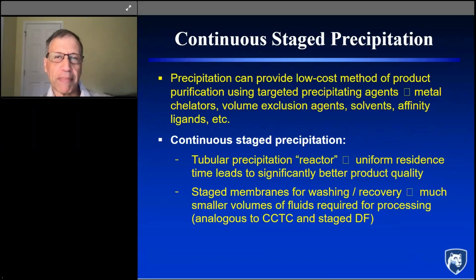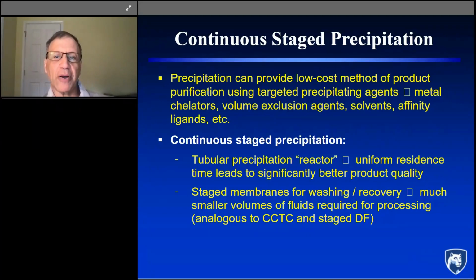Now, the original monoclonal antibody processes had relatively low titers of antibodies, making precipitation largely impractical. But today, it is very possible to get antibody processes that give titers of 10 grams per liter or higher coming out of the bioreactor, which is even larger than the IgG concentration that is present in plasma.